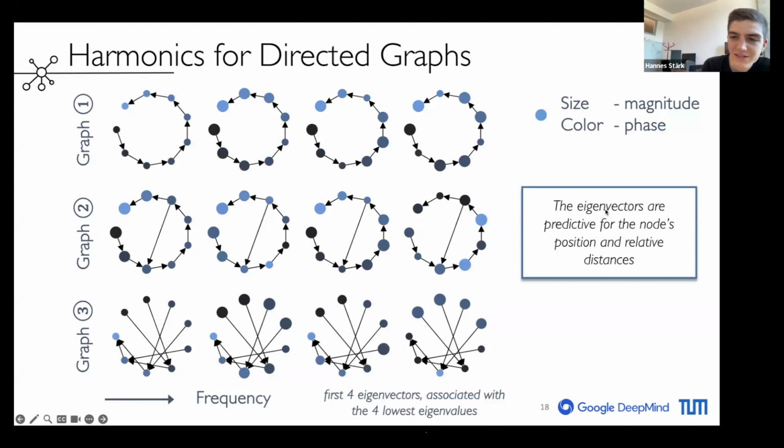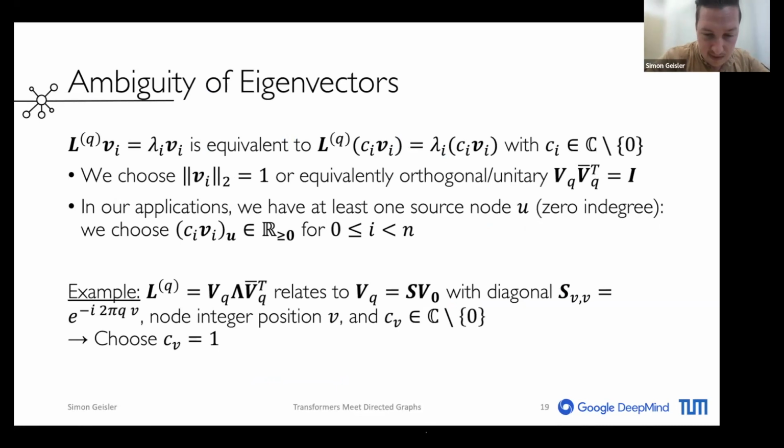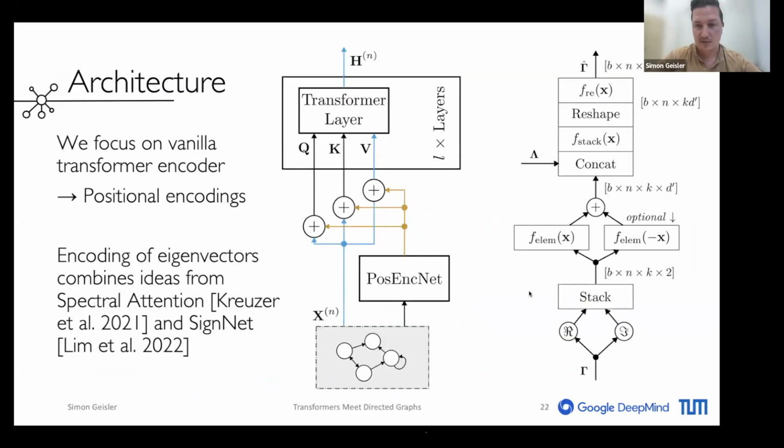Then Marianne also asks, could you clarify how different frequencies are combined to produce a positional encoding? Is it just that each frequency, when you add it to your vector in the end, will correspond to a different channel? Exactly. If you look at the architecture over here, we stack real and imaginary part, and then we have batch size times number of nodes times this k, what we've chosen, times 2.